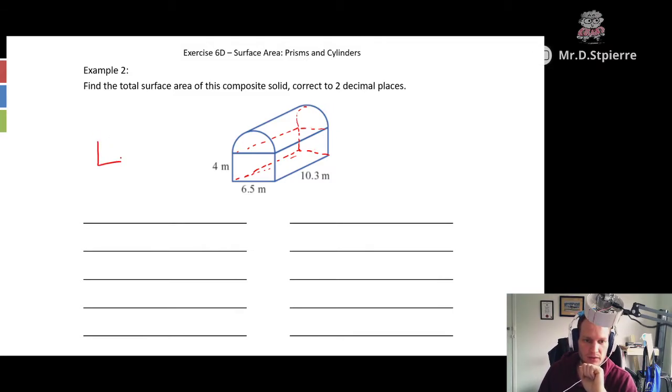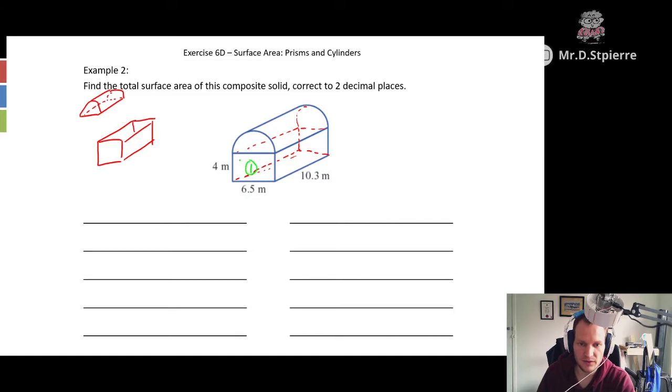Well, we have an open box, I guess we could say. We have that, and then we also have the top part like that on top of it. So let's start with the open box, nice and easy.